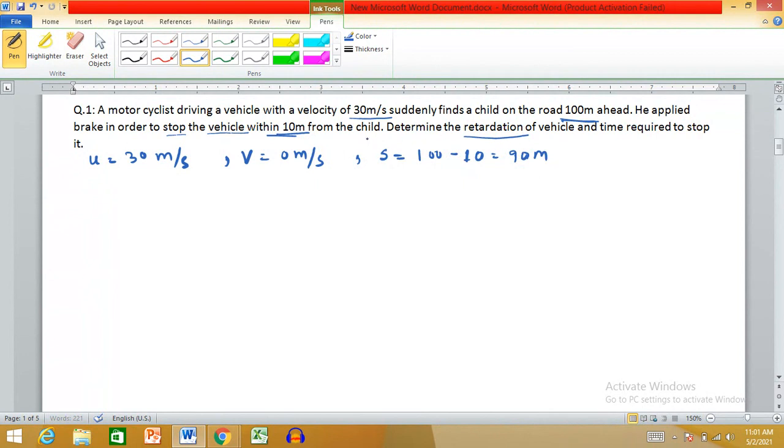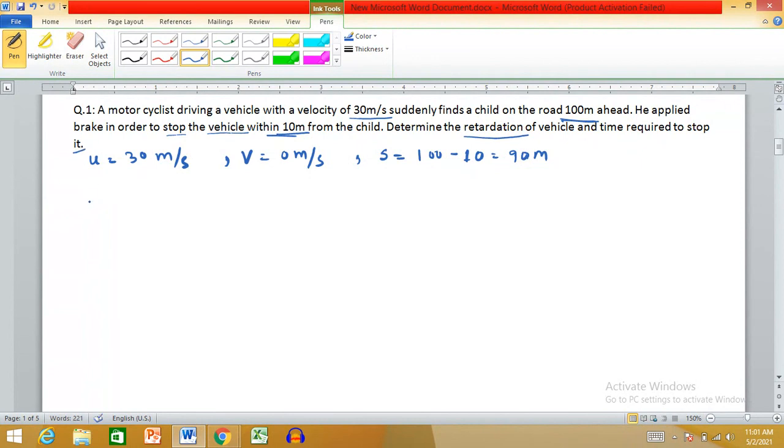And with this, we have taken down all the data. That means we will calculate the retardation and the time required to stop it.